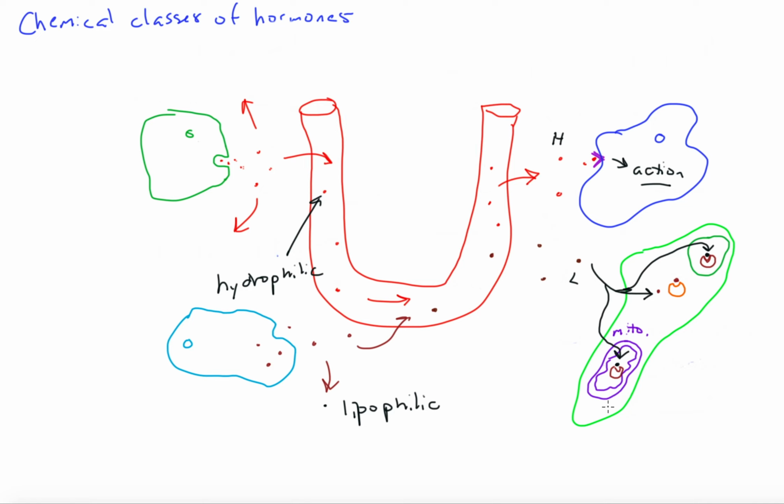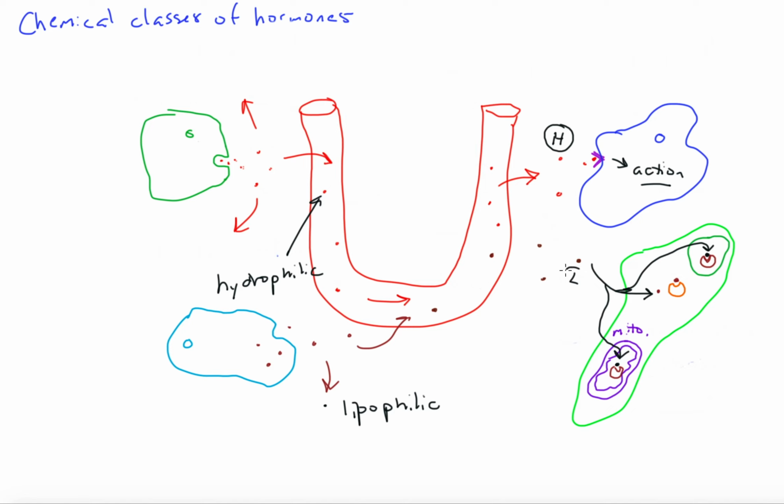Okay, so to summarize, our hydrophilic hormones, including the catecholamines and all the peptide protein, glycoproteins, will bind a membrane-bound receptor with a binding site facing outward because, again, the hormone is stuck out here in the interstitial fluid. We're going to have to tie that to some actions inside the cell. Again, that's going to be in a separate video.